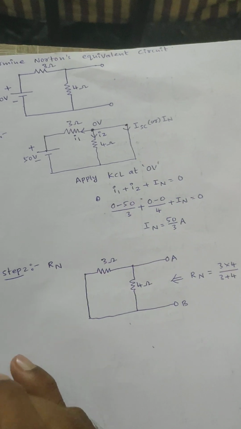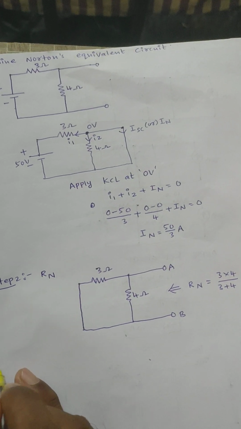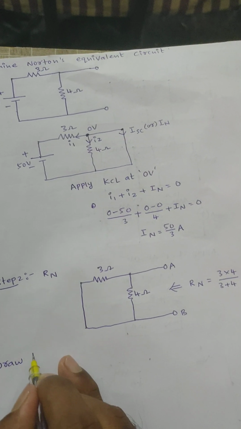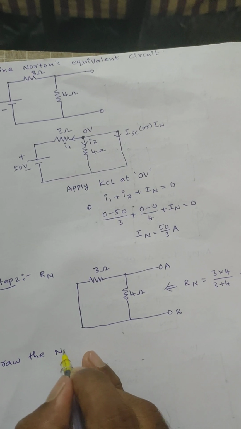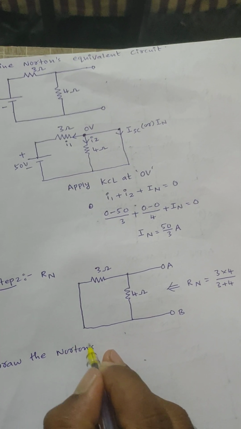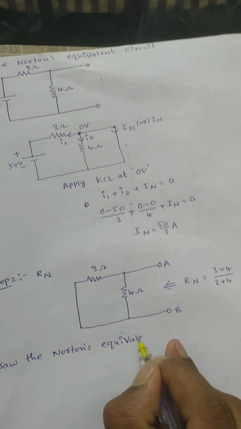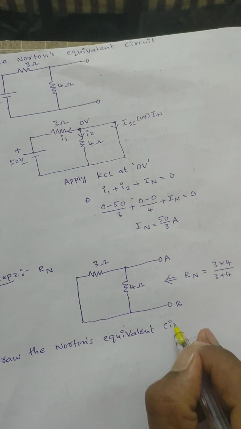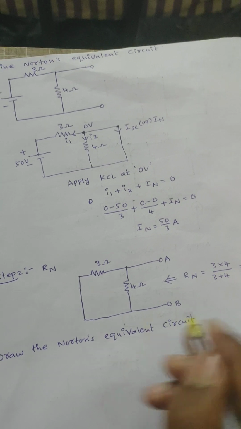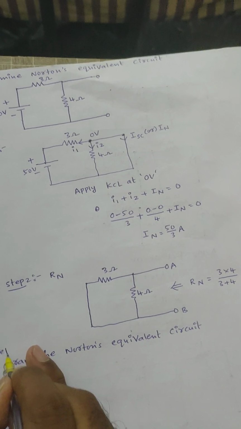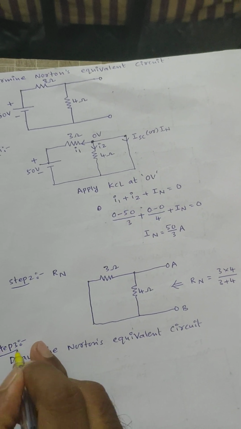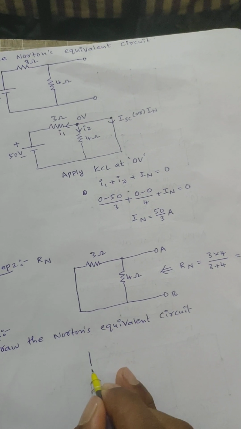After that, draw the Norton's equivalent circuit, that is step 3. Okay, that is Norton's equivalent circuit consisting of a current source, that is already calculated, right?